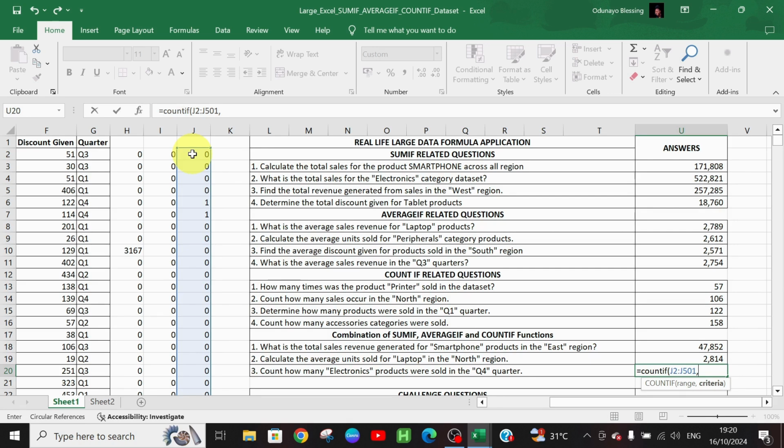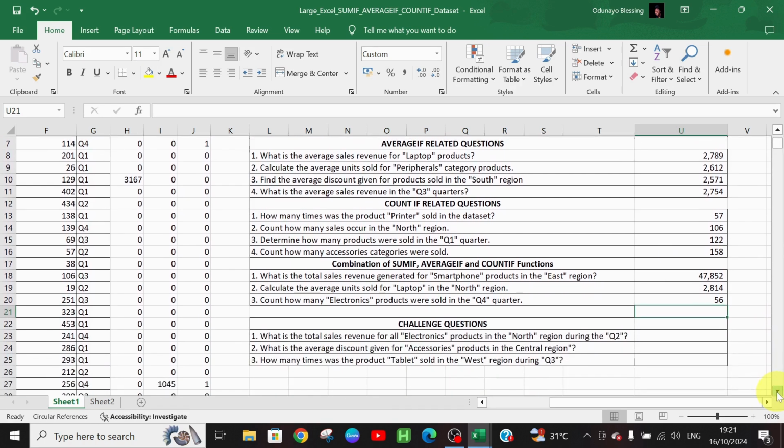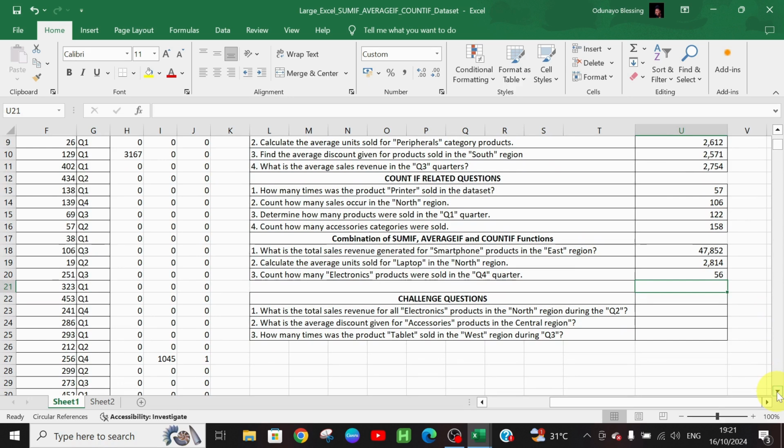Then you are counting for anything that is greater than 0. So it's just 56. So this brings us to the end of the practice and the lesson.